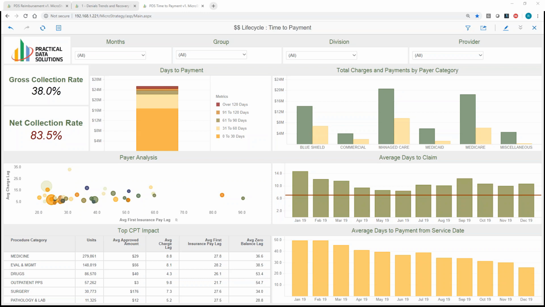So we should try to better understand why that's occurring, whether it's on the provider side of them not signing off on their notes as quickly as they need to, or something on the charge entry side where maybe some additional resources need to be allocated. Really digging in and trying to figure out why these things are going on can really help us, because that's probably a pretty quick return on a little bit of investment to drive a little bit of change.